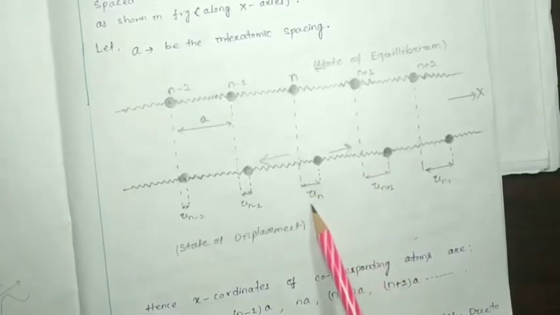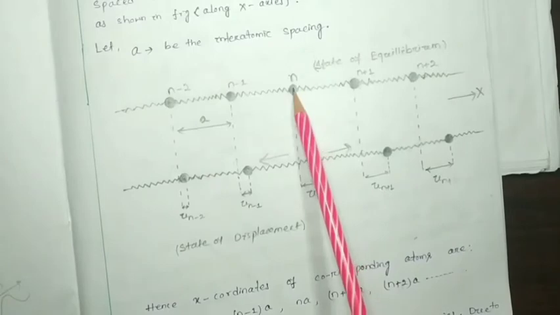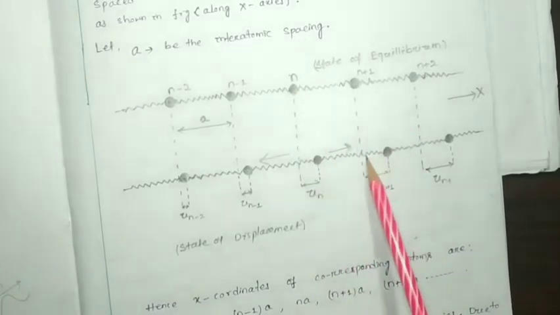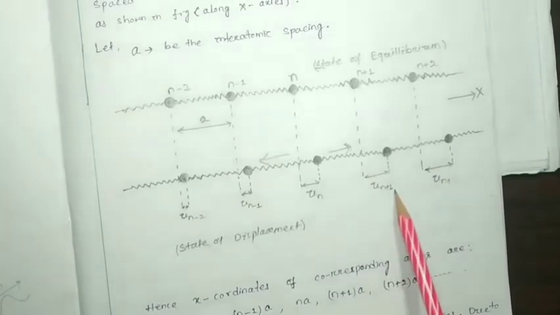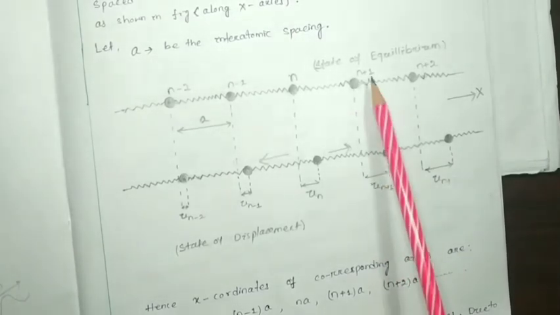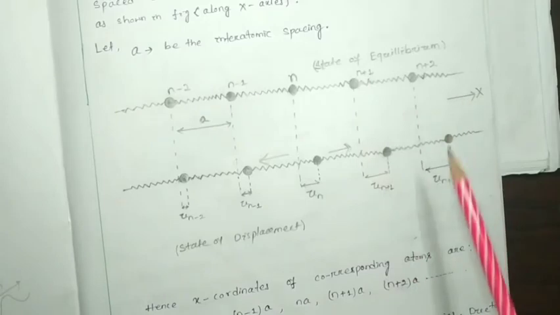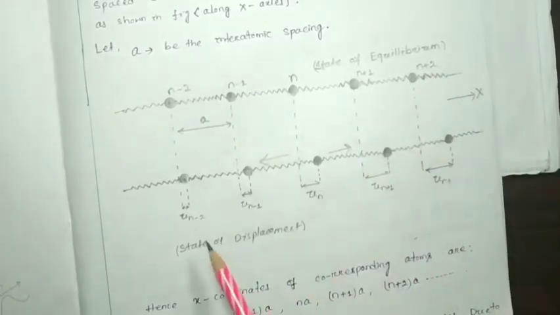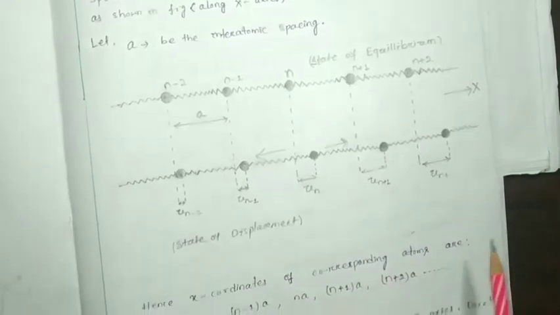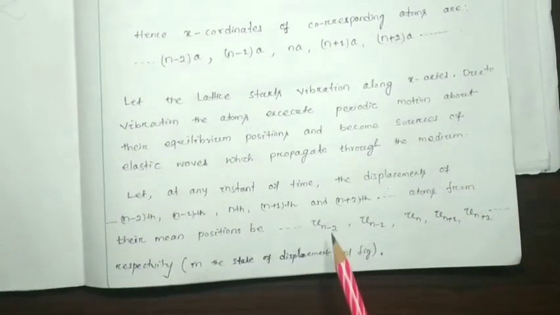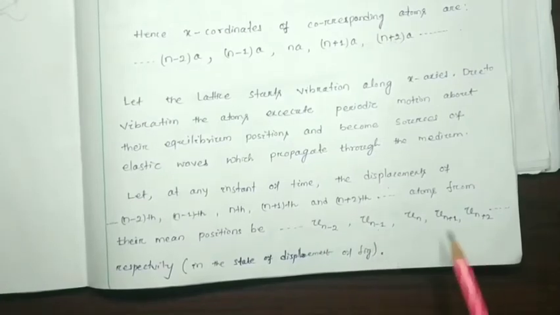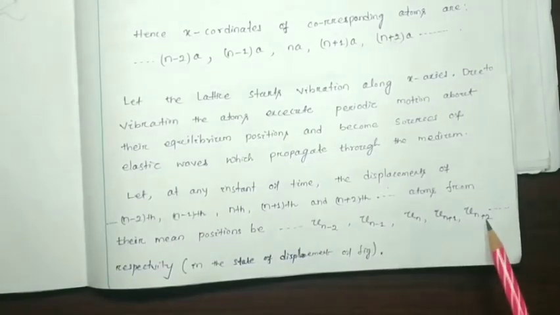This is the displacement of the nth atom. un plus 1 is the displacement of the n plus 1th atom, this is the displacement of the n plus 2th atom, and so on. Here we have un minus 1, un plus 1, un plus 2 as the displacements.